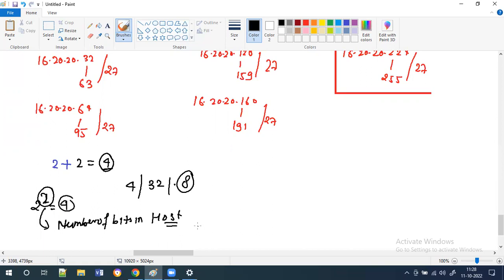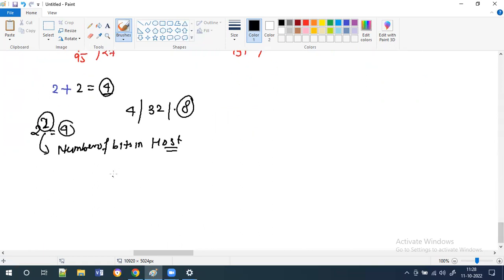Total is what? 32. 2 bit will go into the host side. Then how many bits we have in the network side? 30, right? So total number of the bits into the network side is 30. That means slash 30. This is clear.